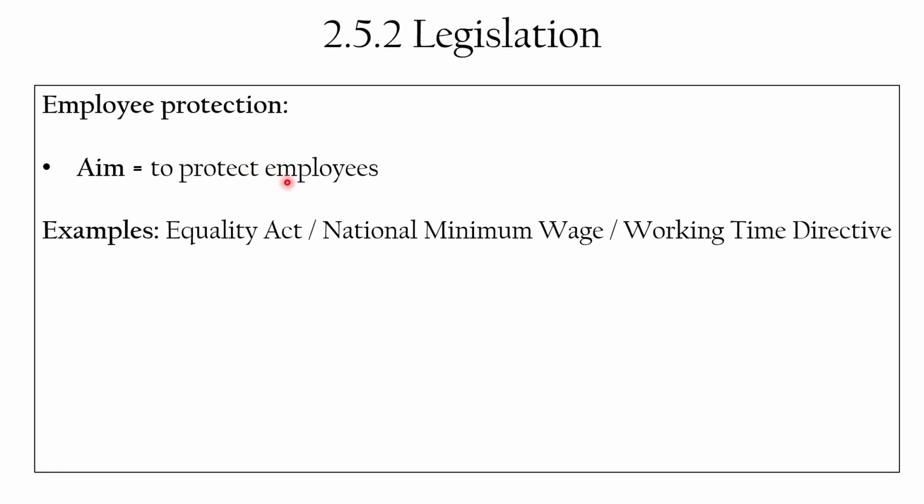There are absolutely tons of laws that affect businesses. Some important ones include the Equality Act, which I believe was 2010, which effectively says you are not allowed to discriminate against people depending on any of their immutable characteristics, i.e. you cannot discriminate against someone based on their gender, age, race, religion, any way of identifying a person.